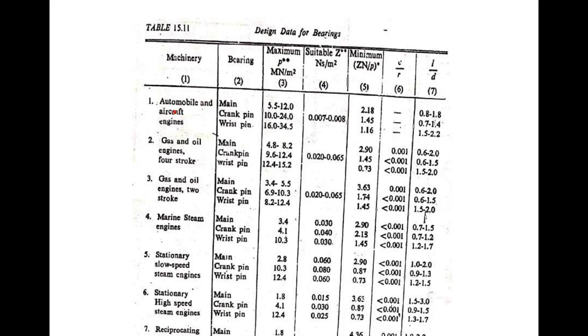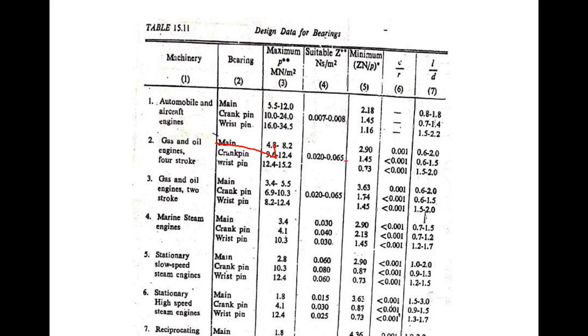This is the automobile and aircraft engines. Here three types of bearing occur: main bearing, crank pin, wrist pin. For this type of bearing, the maximum acceptable value of bearing pressure is 5.5 to 12.8.